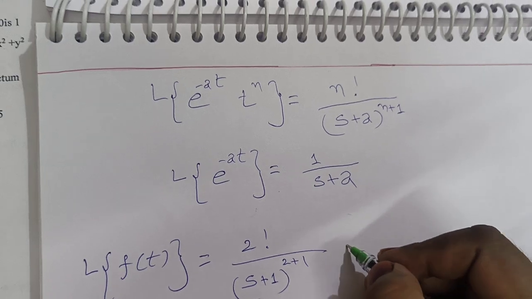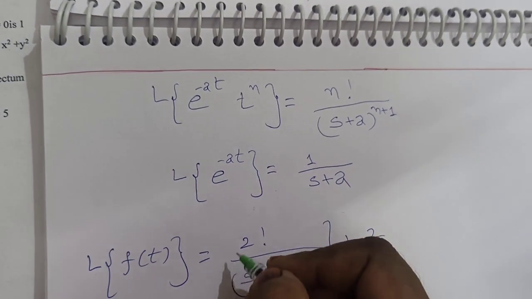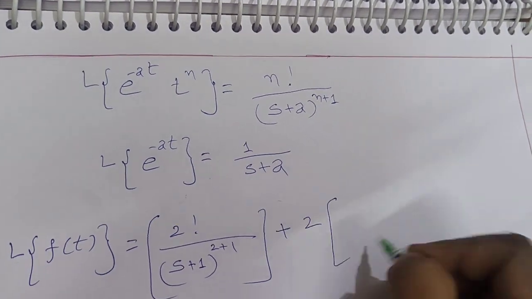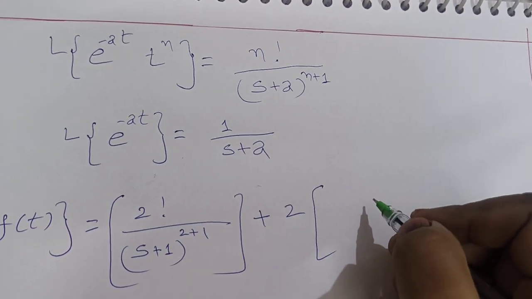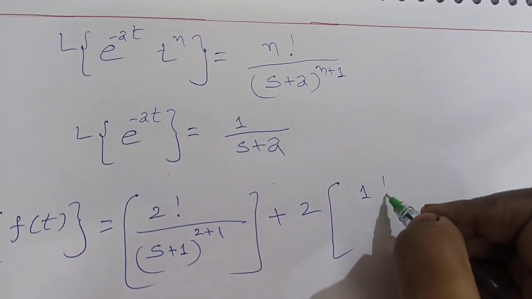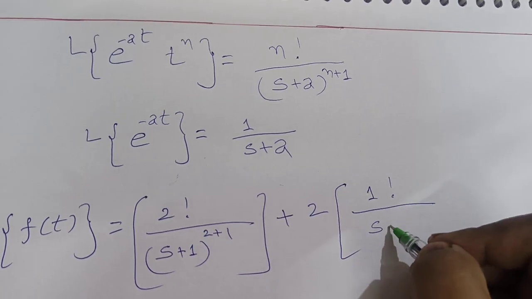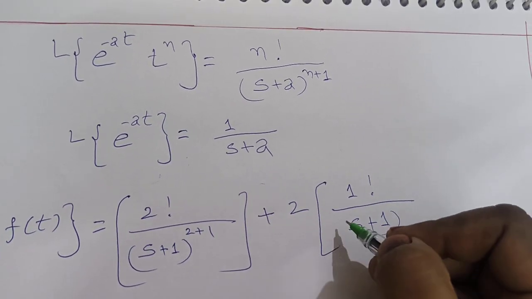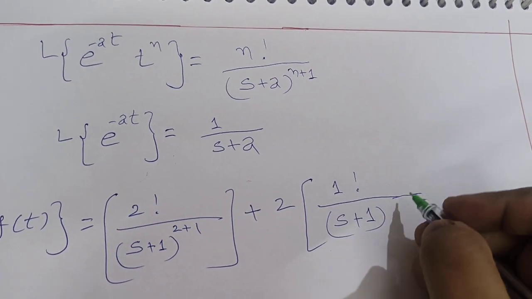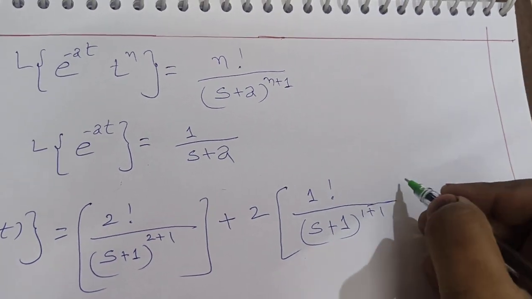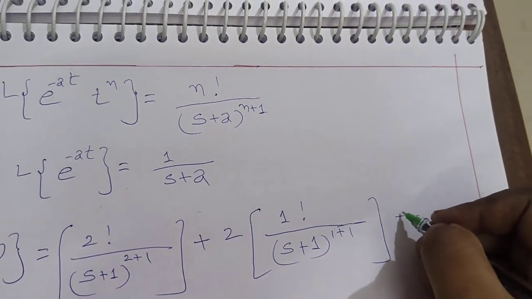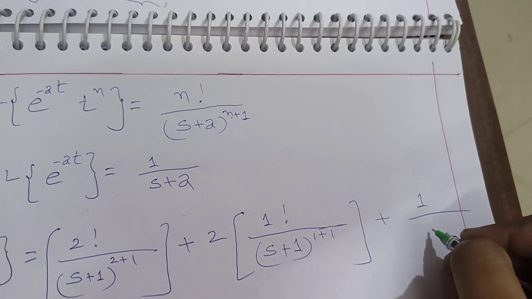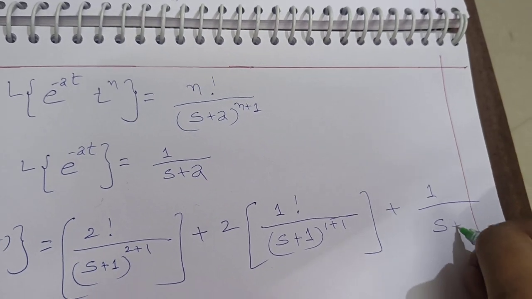In the second term we have 2, we are writing 2 outside. The value of n is 1, so 1 factorial by s plus a is also 1, s plus 1 whole to the power of n plus 1, which is 1 plus 1. The third term is 1 by s plus a, which is plus 1 by s plus 1.